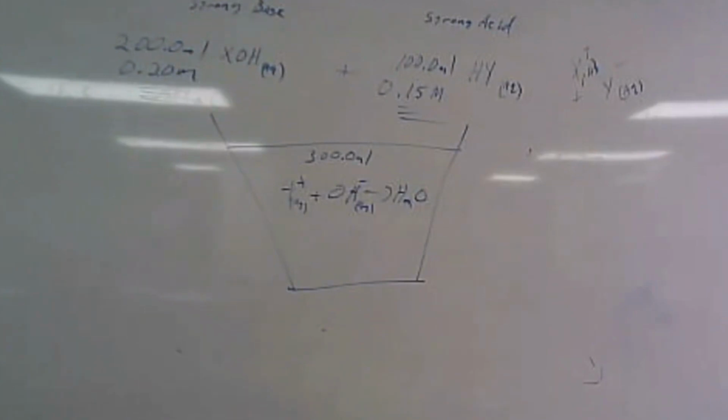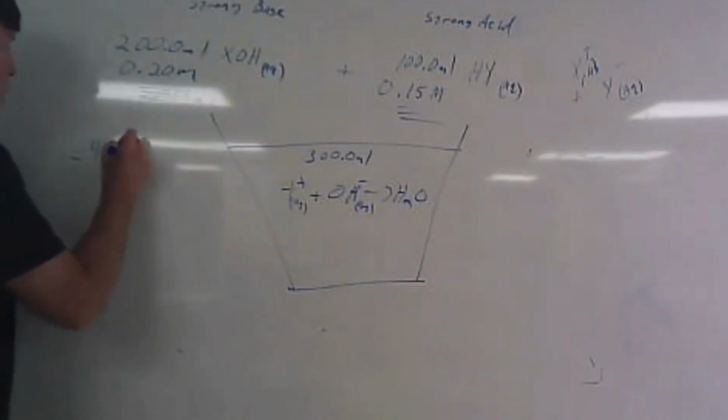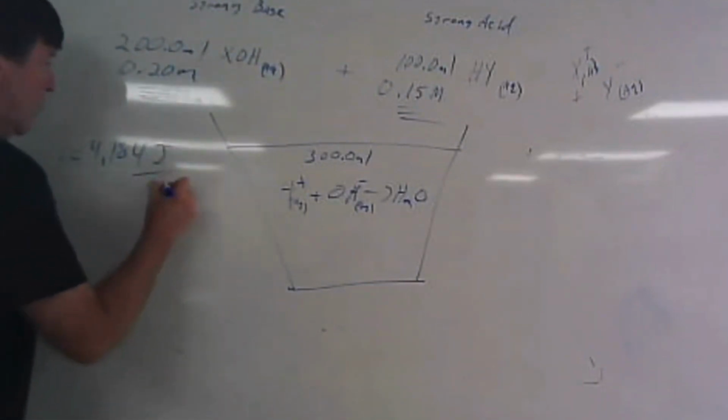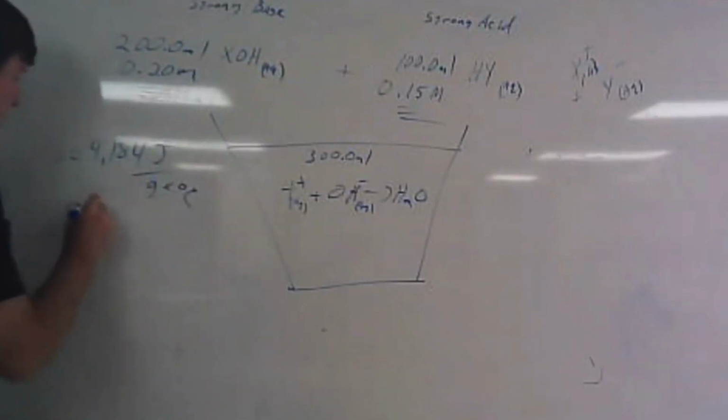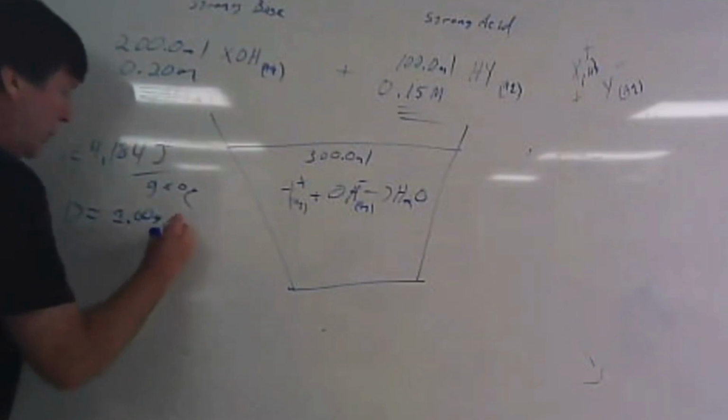Now, what I want you to do is, let's assume that the density of this solution is the same as pure water. Go ahead and write the specific heat of water, S. Put that off to the side. So here's specific heat of water, S equals 4.184 joules per gram times degree C. Density of the solution is 1.00 grams per mL.